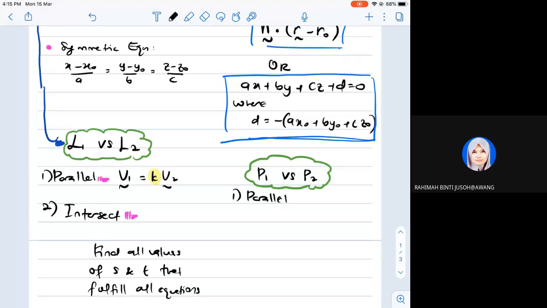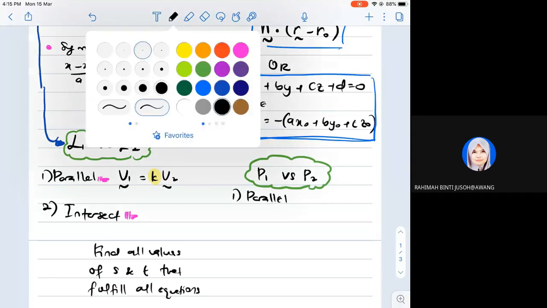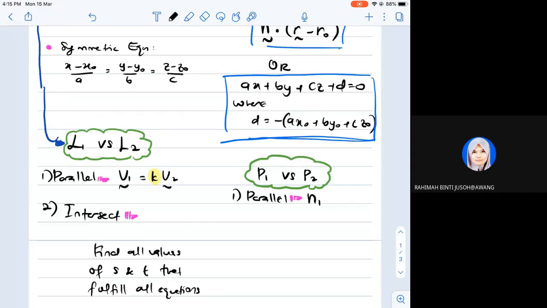Okay, you have to make sure N1 equals Kn2, which means that the normal vector of the first plane should be equivalent to a multiple of N2. Okay, dia sama konsep macam tadi lah. Kalau tadi lines, dia kena V1 equals K V2. Kalau dalam plane, dia mesti N1 equals Kn2. Alright.